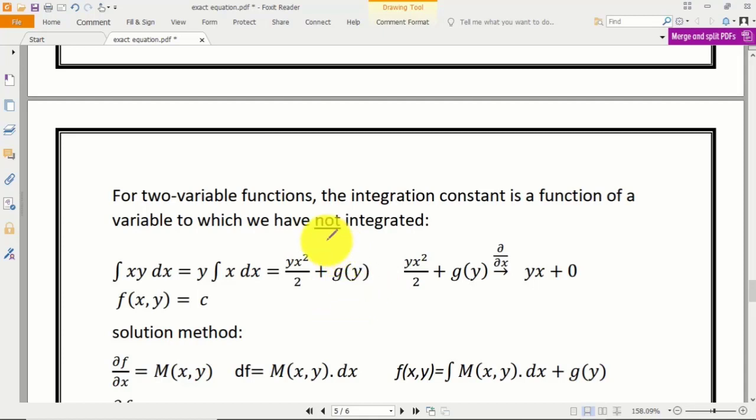This is g of y, because the integral we have evaluated is with respect to x. And obviously you know what the reason is. If you take the partial derivative of g of y with respect to x, it is not dependent on x, and that would be equal to 0.